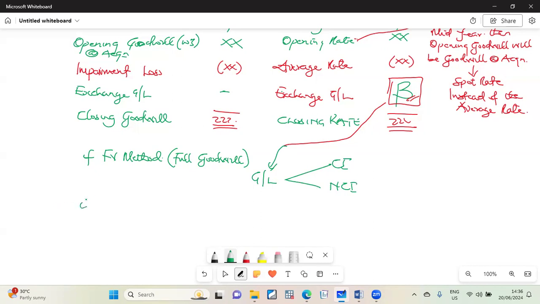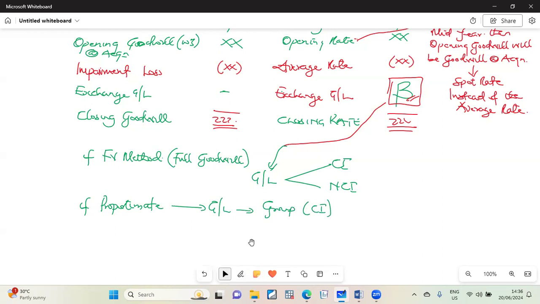But if the proportionate method was used, as in the very introductory videos on consolidation, then it means everything is for the group. So the exchange gain or loss will only be attributed to the group, which is the CI. All right, so that is that.